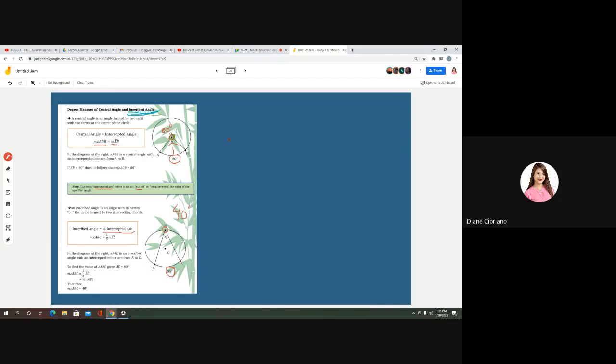So in central angle, just to sum it up, central angle is equal to intercepted angle. And on this case, inscribed angle is equal to intercepted angle.